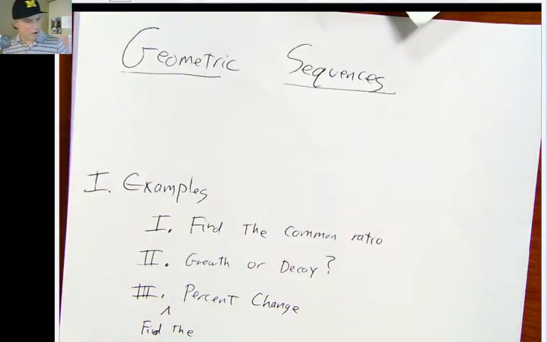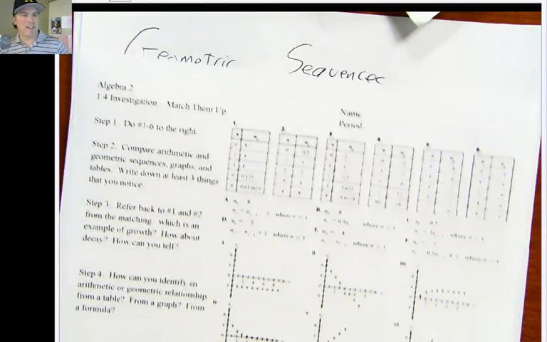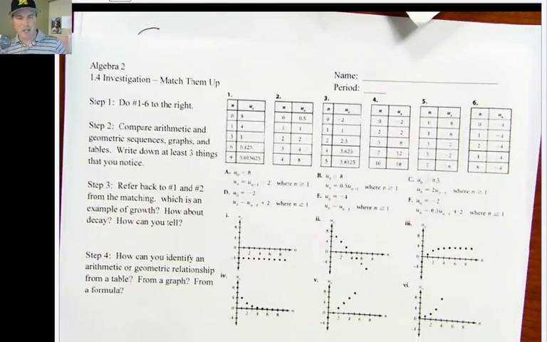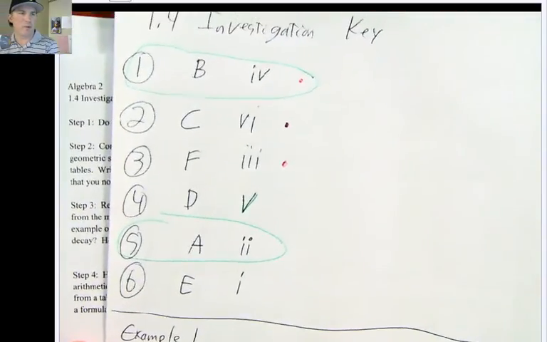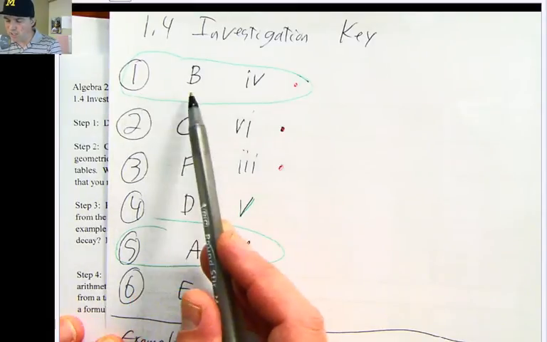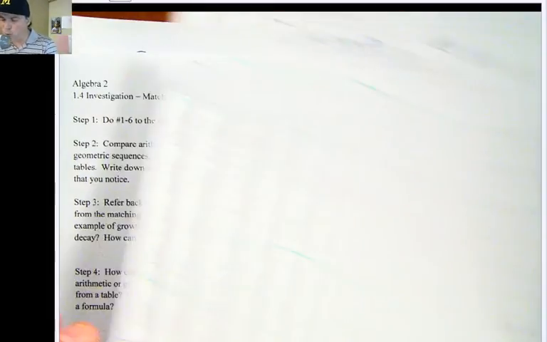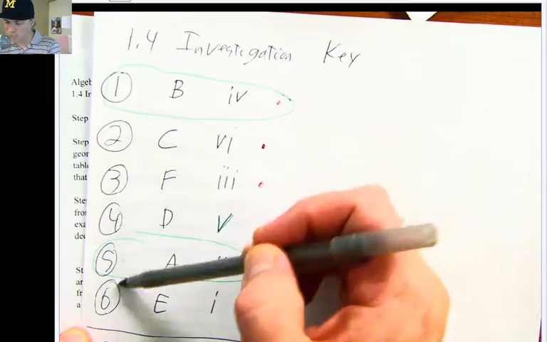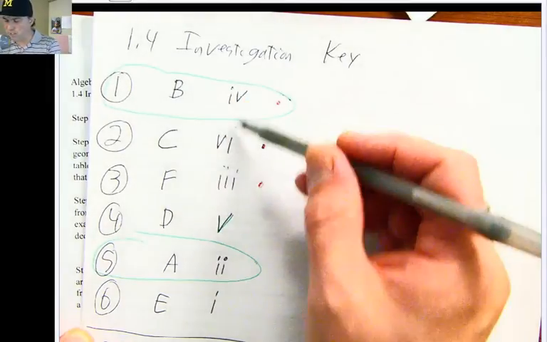I'm going to start off with the side of the investigation that had the graphing. These were my answers, and oh man, this worksheet was complicated. These were the numbers, these were the equations, and then these were the graphs.